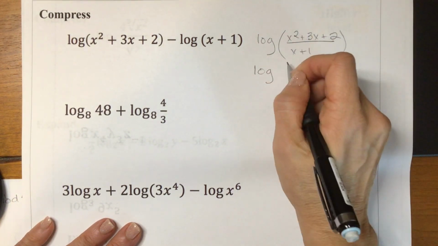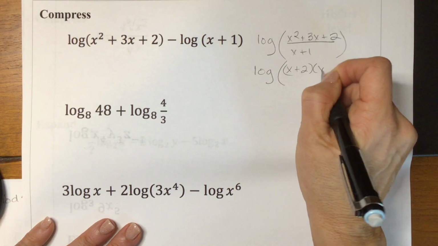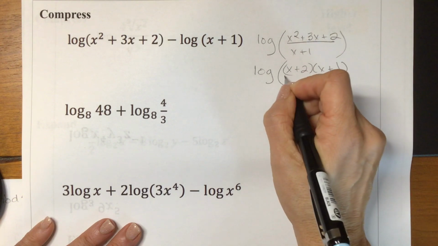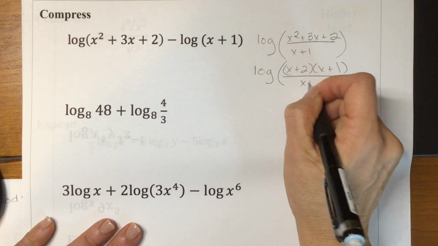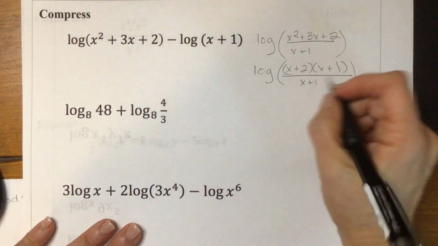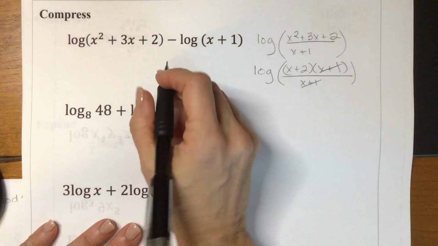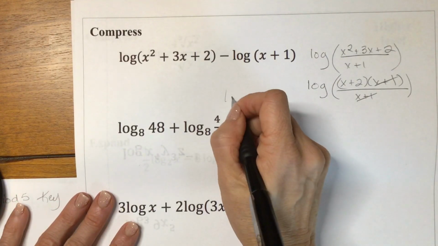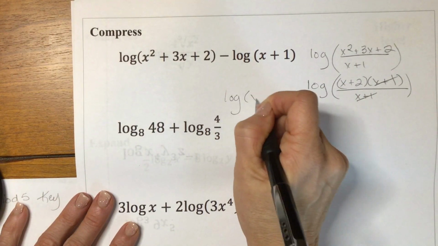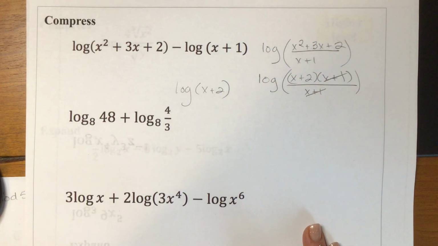I have log of (x plus 2)(x plus 1) for my top quadratic, all over (x plus 1). Now I can see that these cancel out, giving me just log of x plus 2. So that's my final, most simplified answer.